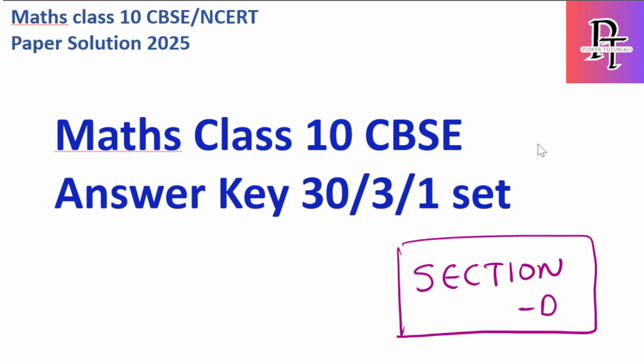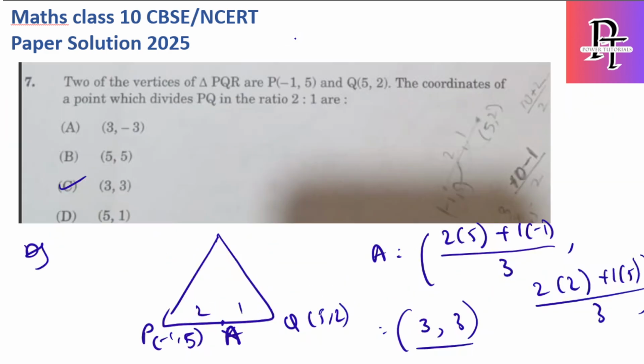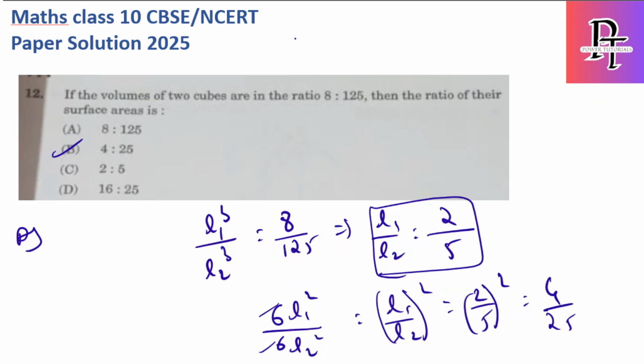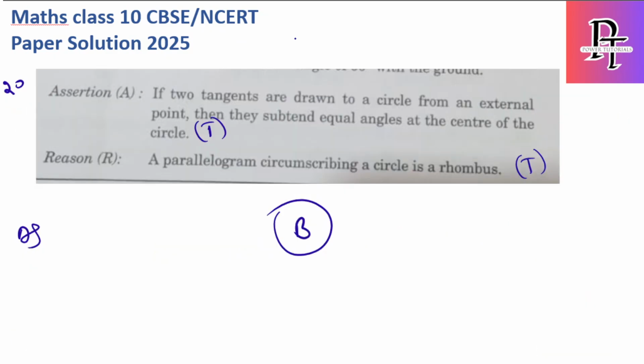Section D is important because it is the essay type of questions, that is 5 marks questions. As I mentioned, I have covered all of section A, which are MCQs, all 20, with 18 MCQs and 2 assertion reason questions, the 19th and 20th.